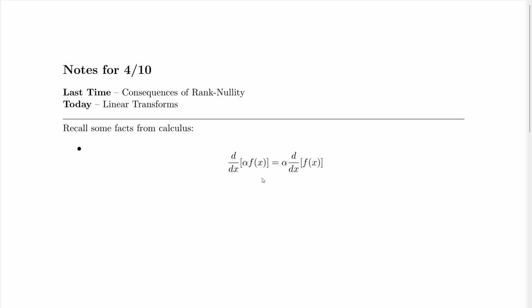That's one of the things we learn. All right, what's another thing that we learn? Well, differentiation is a pretty nice operation in terms of not only scaling functions, but also adding functions. So something else that we learn about the derivative is that the derivative of a sum is the sum of the derivatives.